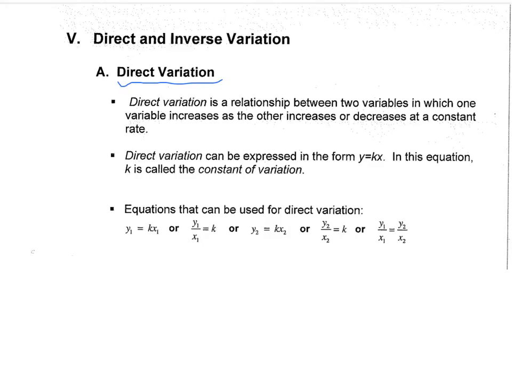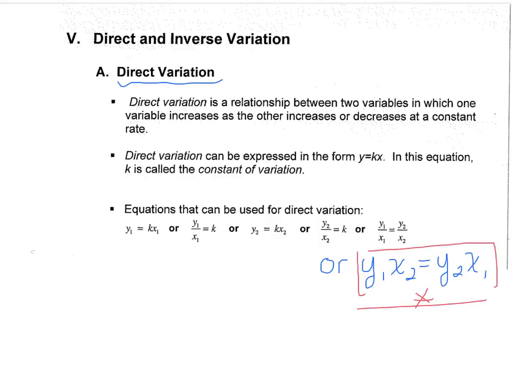Or, we could actually write it as y1 is to x2 as y2 is to x1. And that is the one we're actually going to use a lot. So this is something you're going to need to memorize.